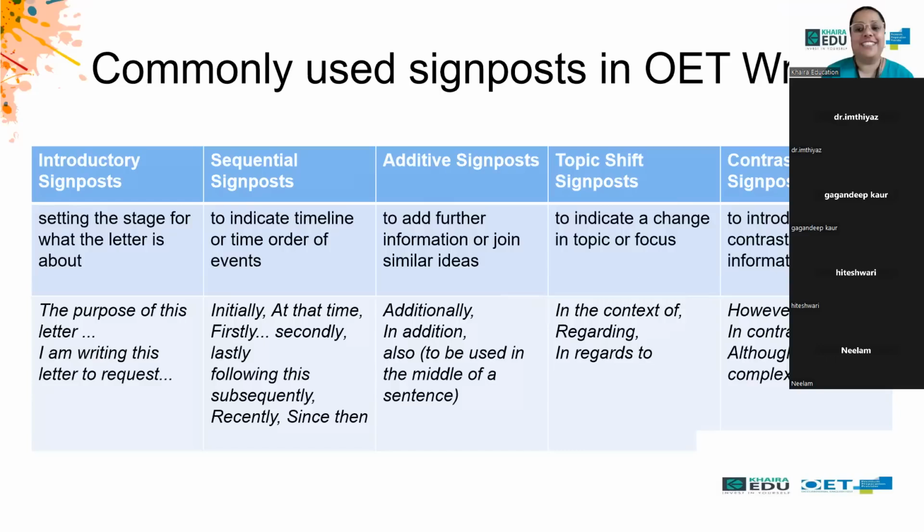Right. Contrastive signposts. Examples: however, in contrast, although. Although is a subordinating conjunction. It is used in complex sentences. Whenever you're joining one independent and a dependent clause, you begin the dependent clause with although. Let's put one of these into a sentence. Let's say she was commenced on medication.